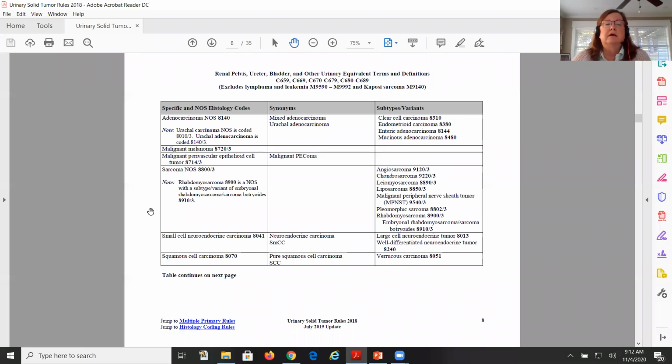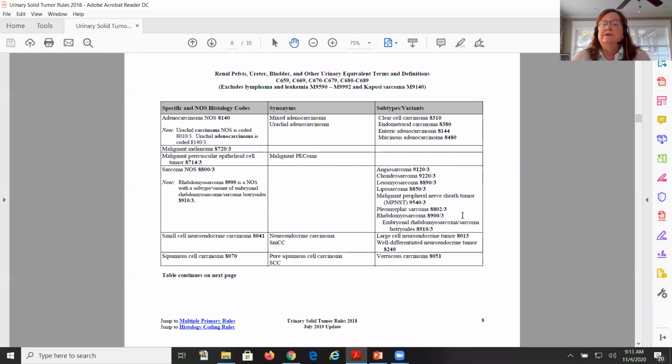Also notice in the row with the sarcoma, that's the fourth row, you can have a histology that appears in both the NOS column and the subtype variant column, like you do for rhabdomyosarcoma. That is because rhabdomyosarcoma, which you see listed in the subtype variant column, is a subtype variant of sarcoma NOS.